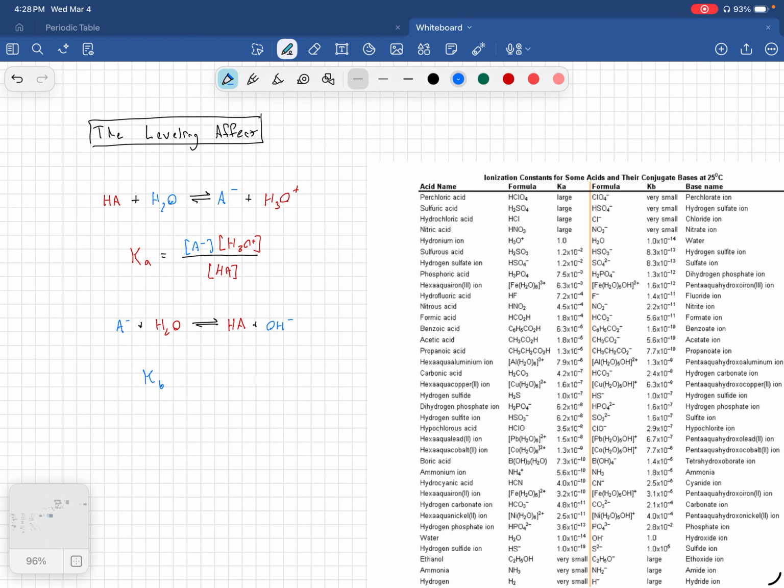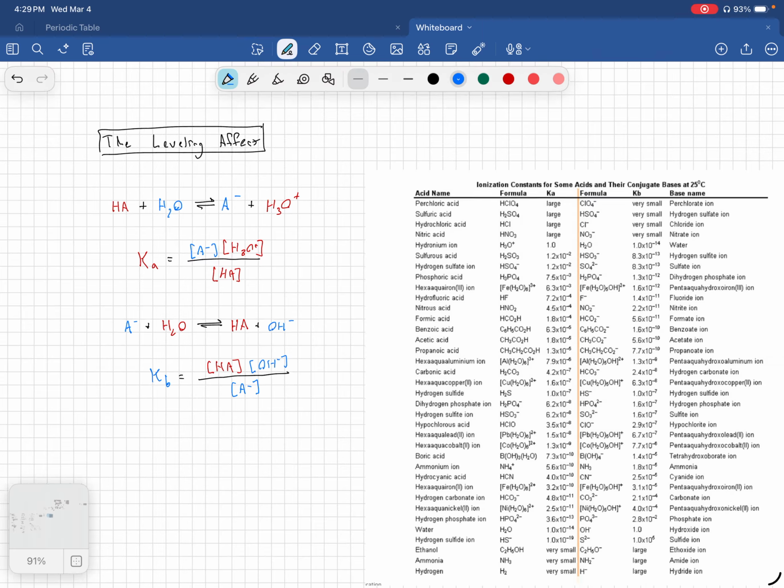Thus, the Kb expression for this reaction would be the concentration of HA times the concentration of OH minus all over the concentration of the original species A minus.